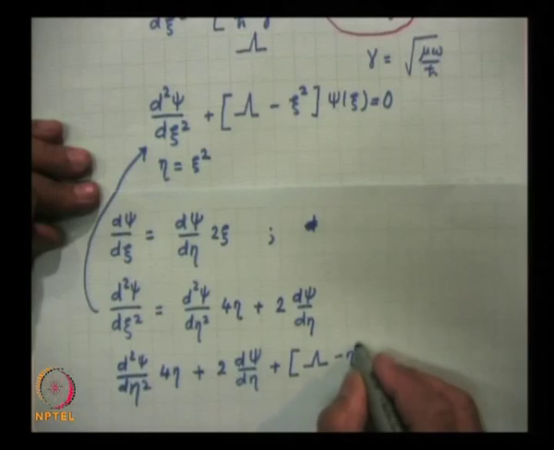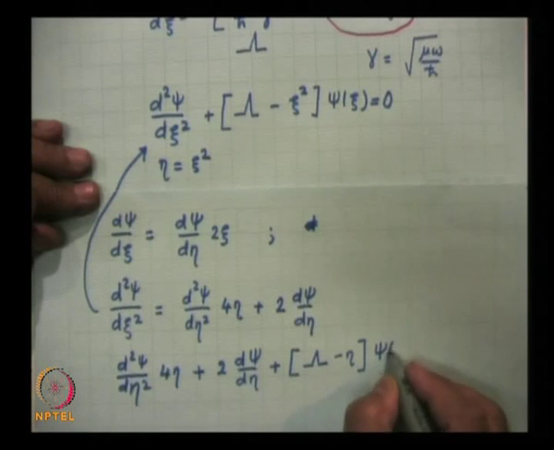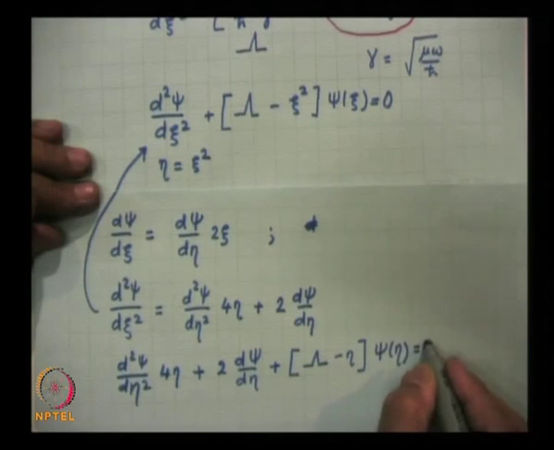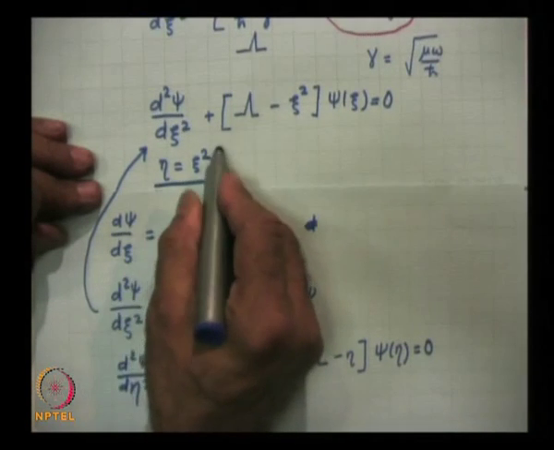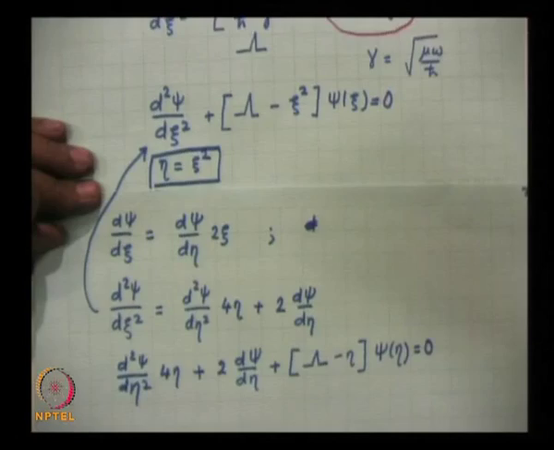So, eta psi of eta is equal to 0. So, using this as the independent variable, I define the variable eta is equal to xi square, and I make a simple transformation, and the above equation becomes something like this.